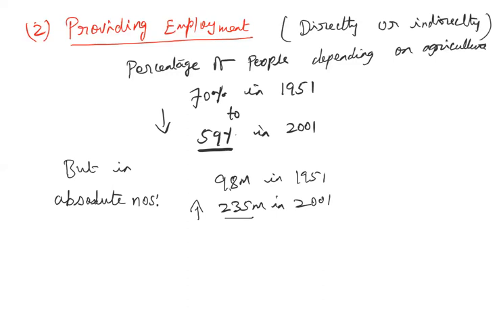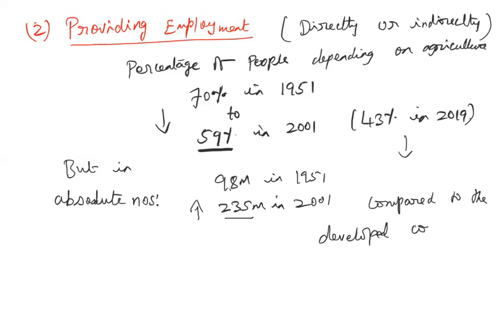Okay, but as for the current data, approximately 43% of the population is depending on agriculture. Even with this current data, if you compare it with the developed countries, it is 2% to 3% in UK and USA. The remaining 97% are all depending on the secondary or tertiary sector.